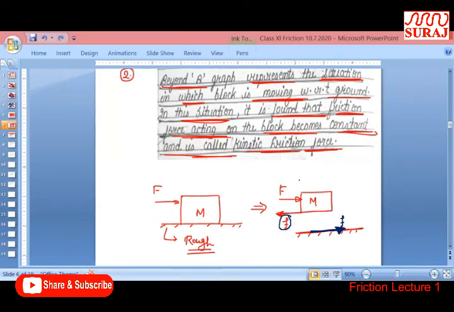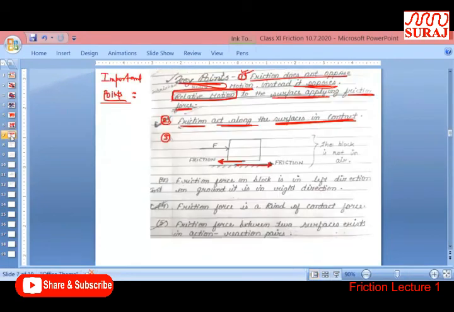Or we can simply say the block is trying to move in this direction. The block is trying to move from left to right. So a friction force will try to oppose this motion, so it will work in the leftward direction. Or simply you say the surface is trying to move in this direction. So the friction force, because of surfaces in contact, tries to oppose the motion in opposite direction.